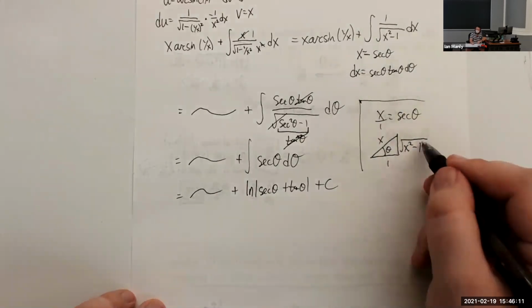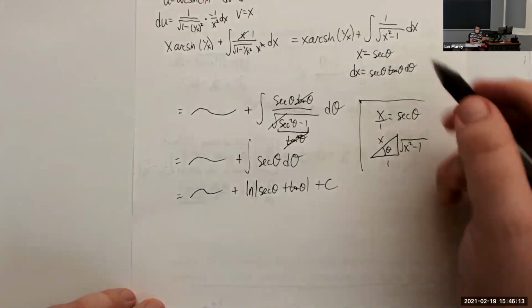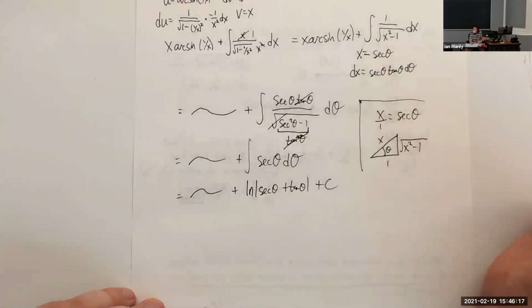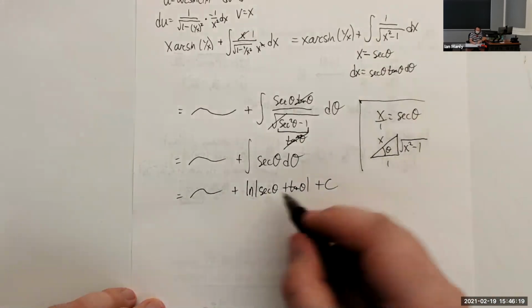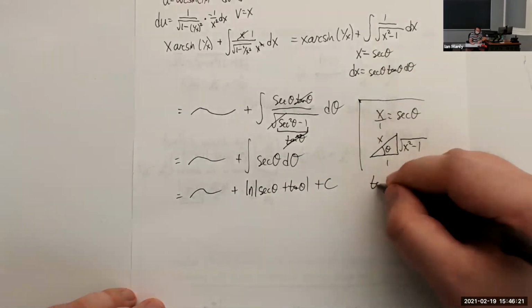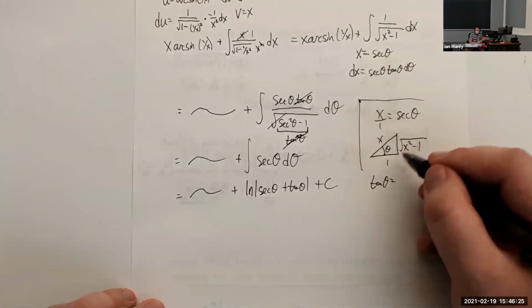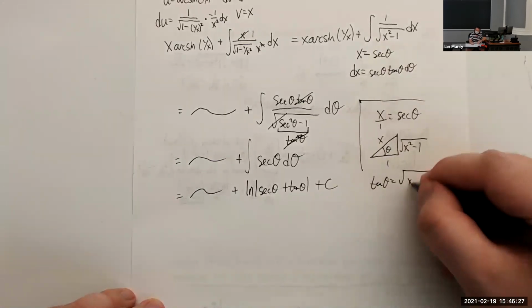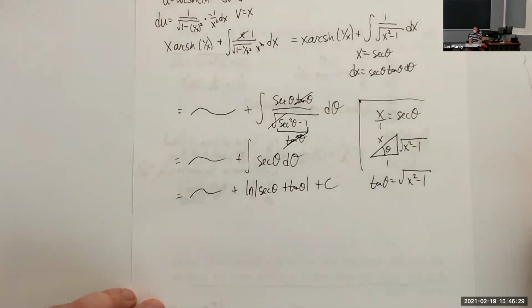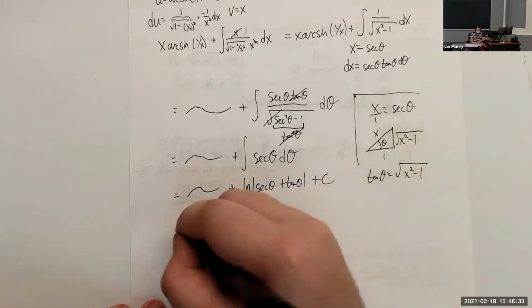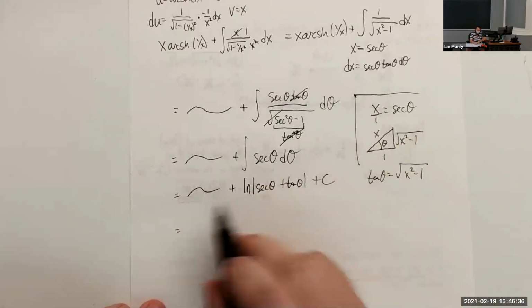And as always, we want to make sure that we've seen this before, and we really have seen this. It appears back here. All right, and then now we're ready to assemble the final trig function we need, which is tangent of theta. Tangent is going to be opposite over adjacent, or the square root of x squared minus 1 right here.